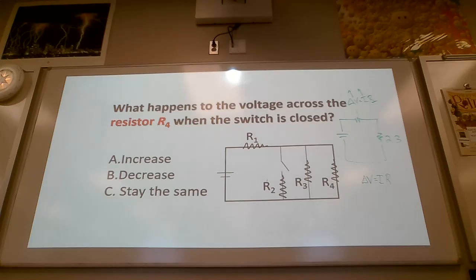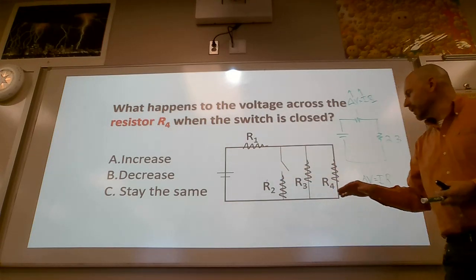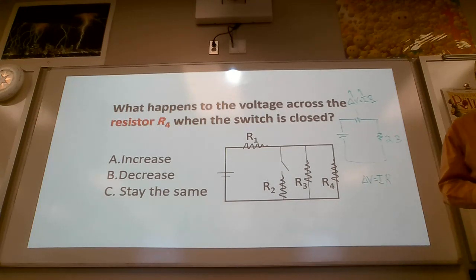Okay. So student A says it's the same because it's in parallel. Voltage is the same in parallel. Student B says no, the voltage increases because when that switch closes, the total current is more. You didn't change the resistor, so the voltage is up.